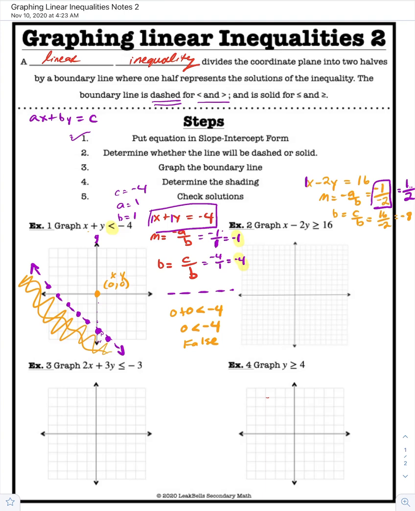So when we write this in slope-intercept form, we did divide by a negative, which means this inequality symbol is going to change. So we have y is less than or equal to 1/2 x minus 8.